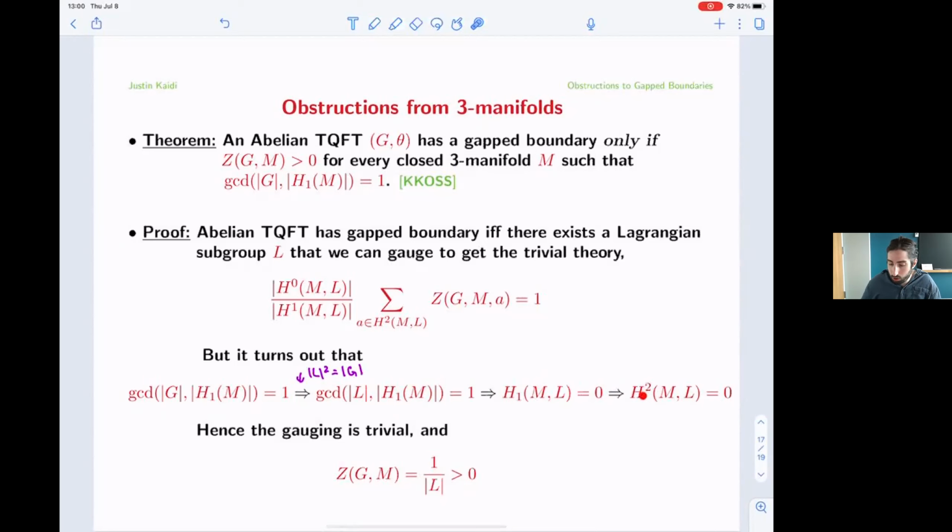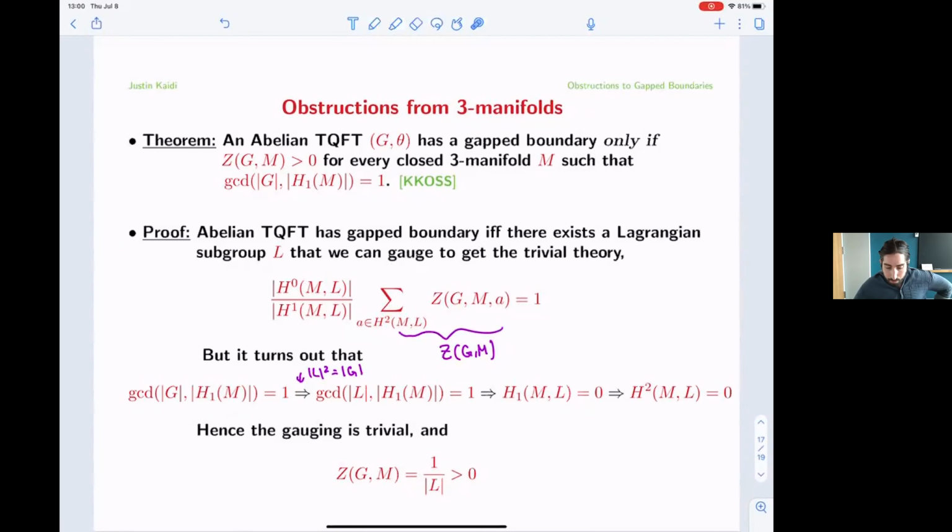So the second cohomology group with coefficients in L is trivial. There's a little bit of math fancy footwork that went into here, but the upshot is that H2(M, L) is trivial. And hence there are actually no gauge fields here to sum over. So this sum just collapses to the original partition function. And so we conclude that the original partition function is just 1 over this stuff here, which ends up being L, but it's not important. The only important thing is that it's positive. That's the proof. That's all there is to it.